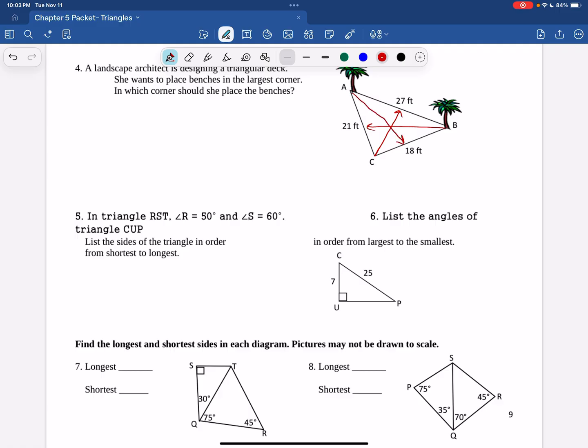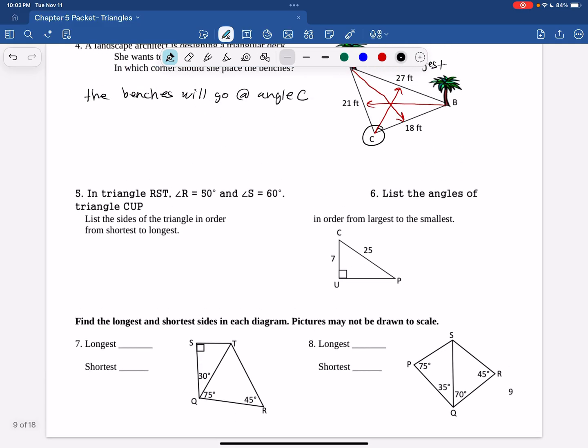And I'm going to look for the largest side. So this side right here is the longest, so it must be across from the largest angle. So it's across from C. So we're going to say that the benches will go at angle C.